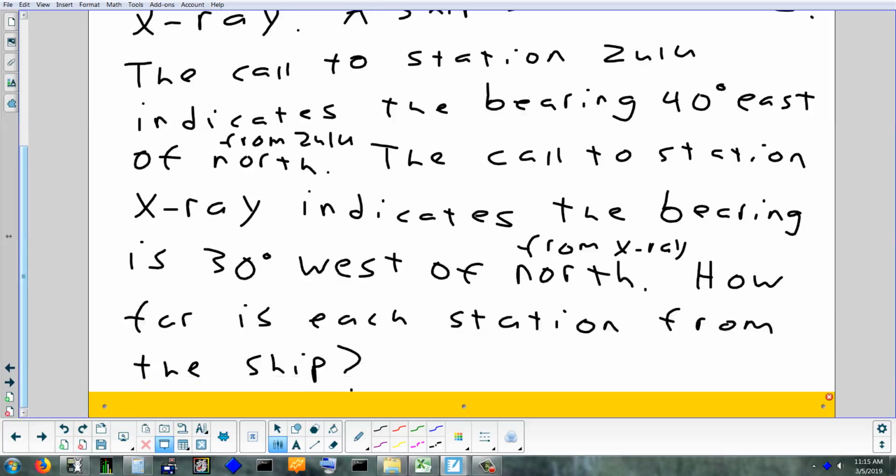I mean, there are other factors too that would affect that. Like if the current is pushing the boat towards one station, it might be farther from that station now, but if it's going to take a helicopter 2 hours to get to the boat, that ship might move a lot in 2 hours. Maybe it'll move closer to the other Coast Guard station. So they'd have to factor in the currents and things like that. But we'll just try to keep it simple.